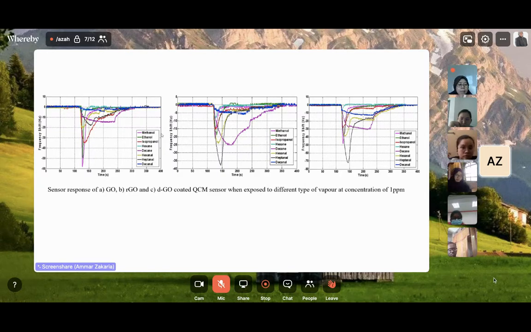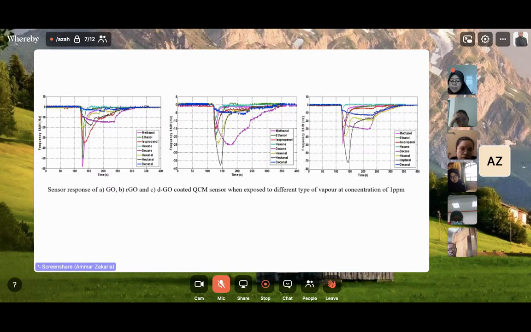So when you take a look at this result, right, you can tell that different analytes give different reactions to the sensor, right? The QCM was able to detect a sharp rise of the methanol, but when you modify the, what do you call it, GO, graphene oxide, when you reduce the graphene oxide, you can see that the ethanol also behaves differently.